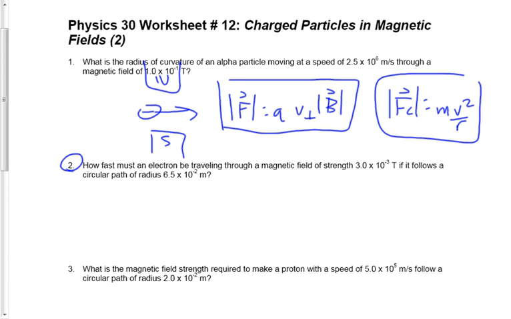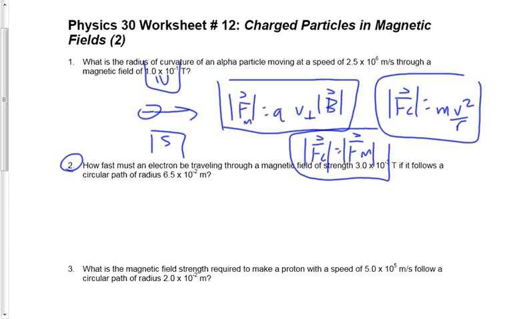Because it's always caused by something else, it's always equal to something else. In this case, the centripetal force will always be equal to the magnetic force. So we can, if we want, use either of the equations that I have squared off up here, or I can use a third version of it, and that is the combination of these two forces, Fc is equal to Fm.